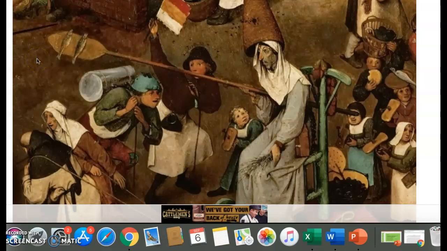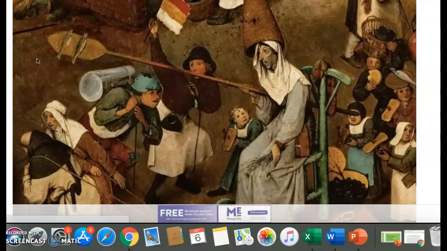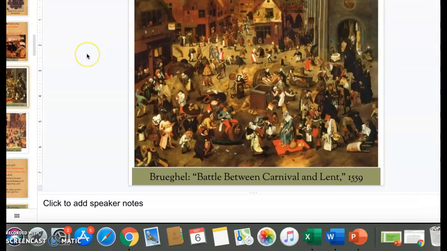So in Brueghel's point of view, a lot of people don't necessarily enjoy going through Lent. It's something that they do because it is part of their religious beliefs, but it's not something that they necessarily want to do.